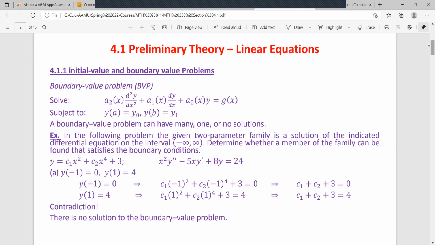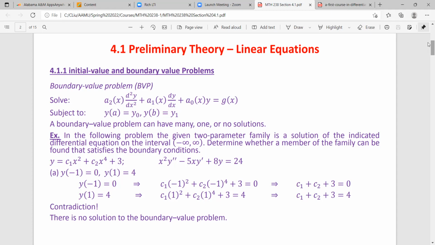Another thing I want to mention, or we want to discuss here, is called the boundary value problem, which is very similar to the initial value problem. The only difference is you have the conditions at the boundary instead of at the initial point.